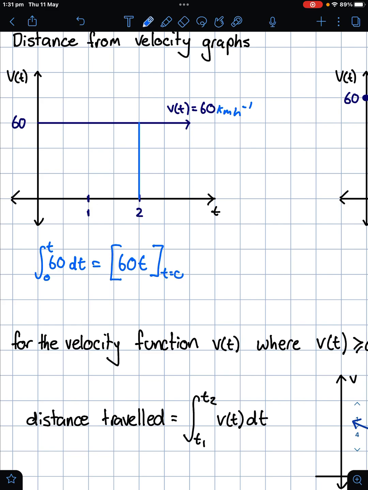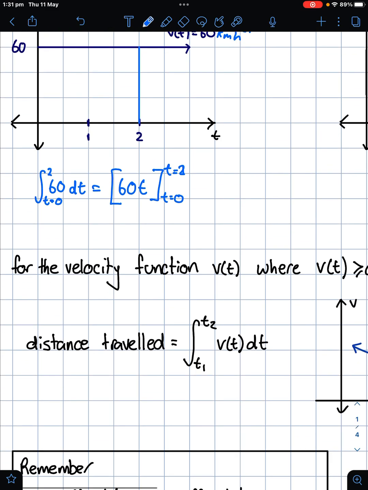T equals 0 and t equals 1. No, what are we doing? We're doing 2. Sorry. Let's change that to t equals 0 and 2.